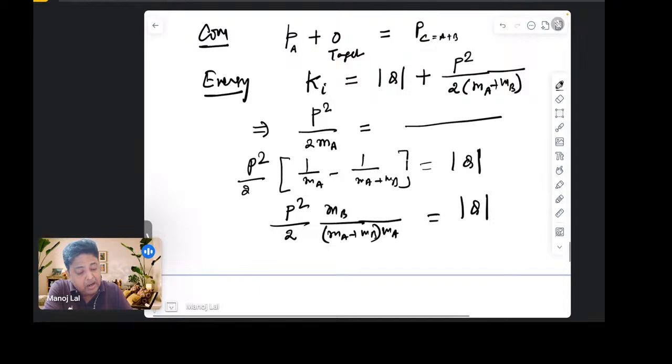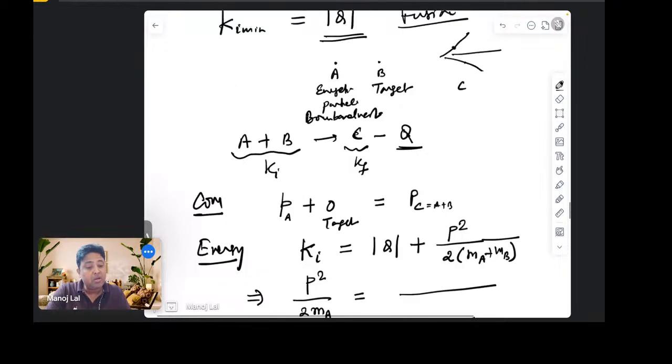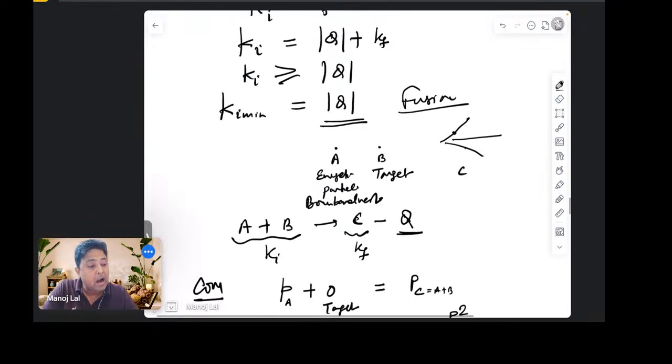Then we can write P square by 2MA is equal to (MA plus MB) by MB, the mass of the target, into mod Q. And P square by 2MA is what? Just we have K initial minimum. This is very important.